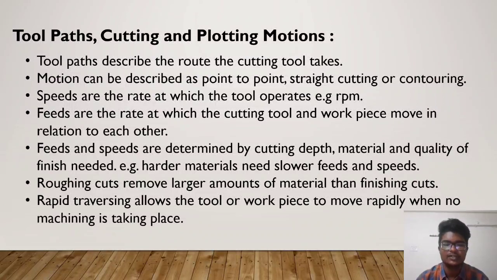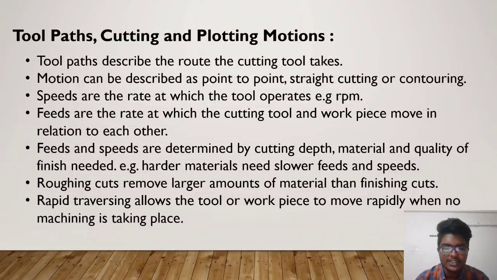Speeds are the rate at which the tool operates, for example revolutions per minute. Feeds are the rate at which the cutting tool and workpiece move in relation to each other. Feeds and speeds are determined by cutting depth, material, and quality of finish needed. For example, harder materials need slower feeds and speeds. Roughing cuts remove a larger amount of material than finishing cuts.